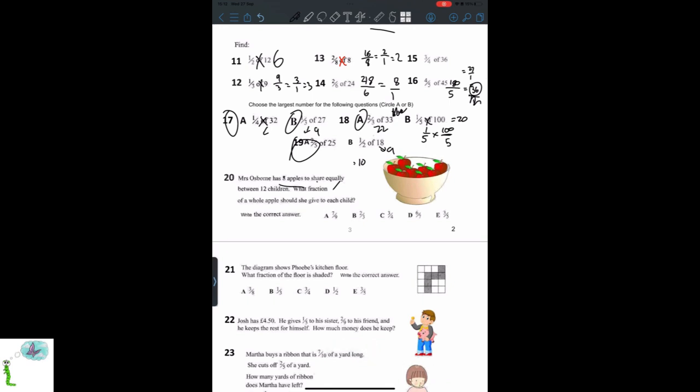Question 20. 8 apples to share equally between 12 children. There are 8 apples. 8, right? There's 12 kids. So not everyone's going to get one whole apple, right? We have to figure out how much of an apple each kid is going to get.